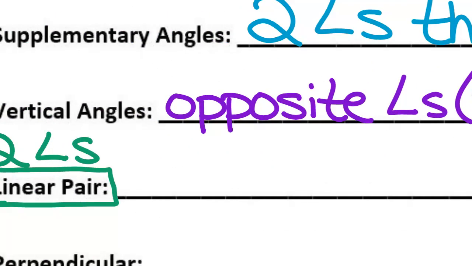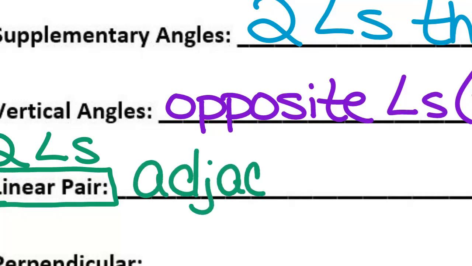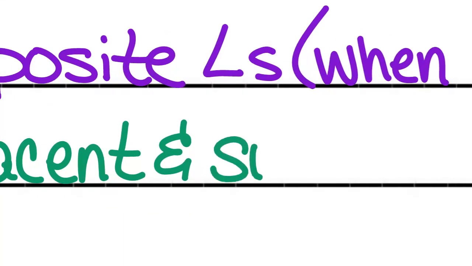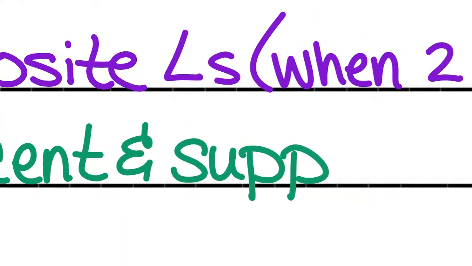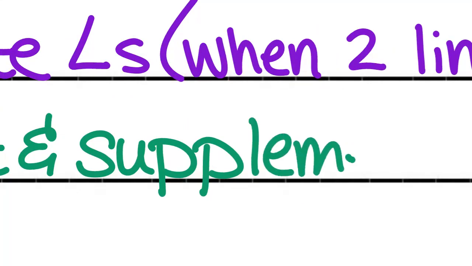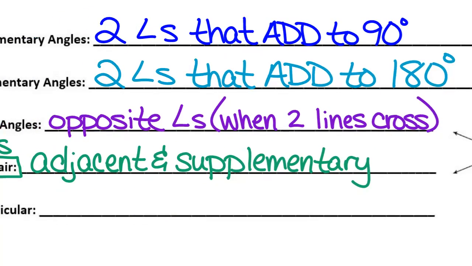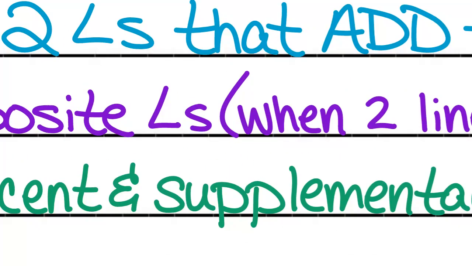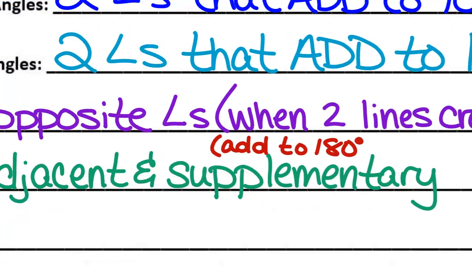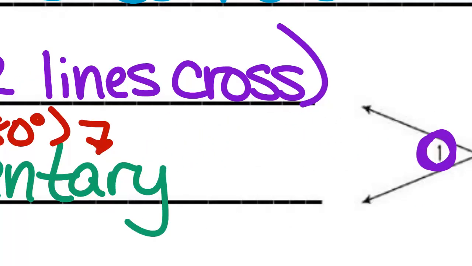These are adjacent and supplementary. What does supplementary mean again? Adds to 180. Together they make a line.